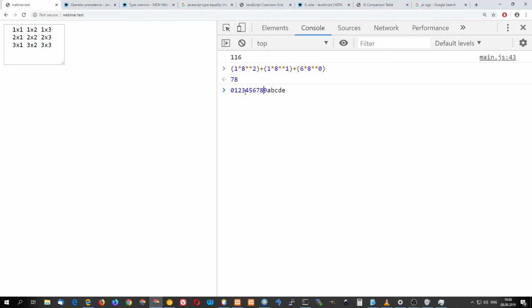So this is actually 8. In decimal base this would represent 10, 11, 12, 13, 14. Well, this would represent 15.